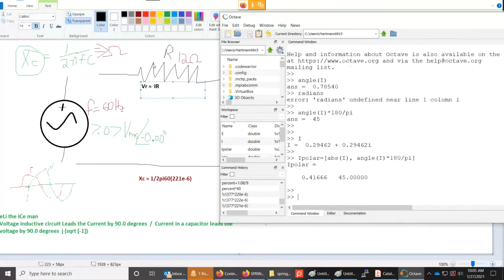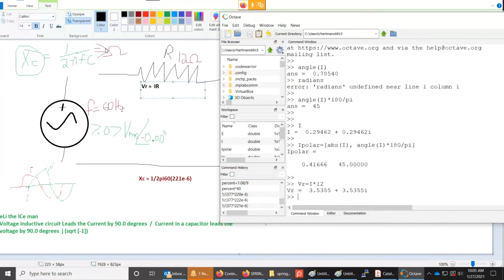I'm going to say my voltage VR is equal to my current I, and again, you don't want to use the polar one because that's just a display. You need to use your default I. So I'm going to take I times R. Now R was just 12 ohms.